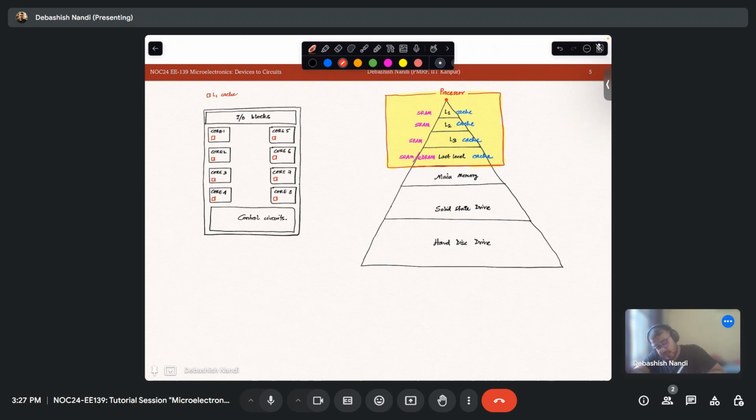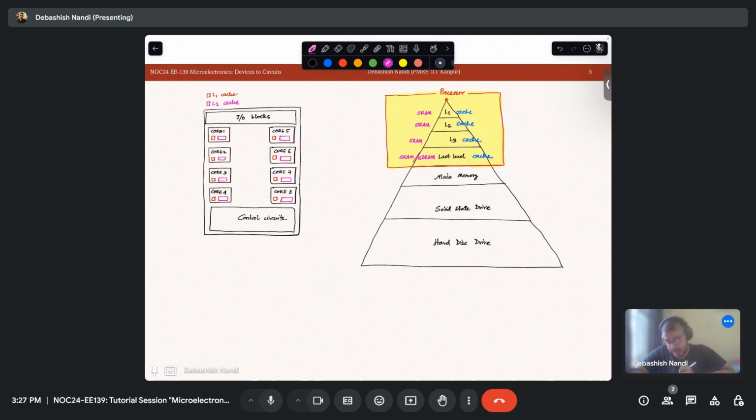And then let's say this is your L2 cache. Similarly, every core will have its dedicated L2 cache. These are nothing but your SRAM arrays.